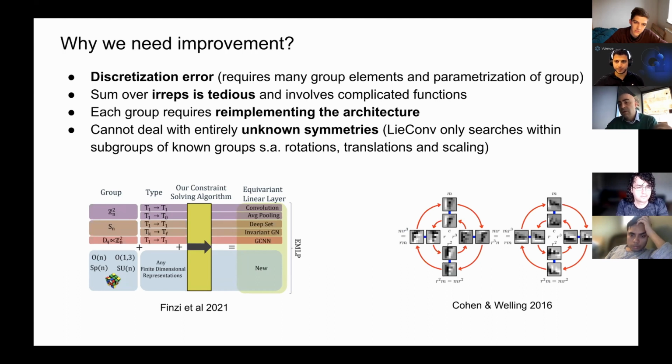For every group, those irreducible representations are different, and you need to encode them as functions into your neural network separately. So for every new group, you need a whole new set of samples and architecture, basically re-implementing your architecture.